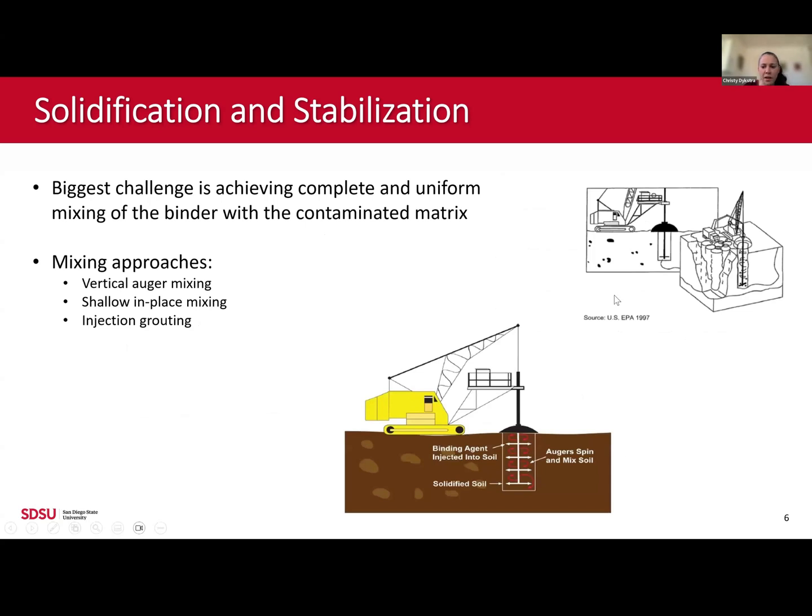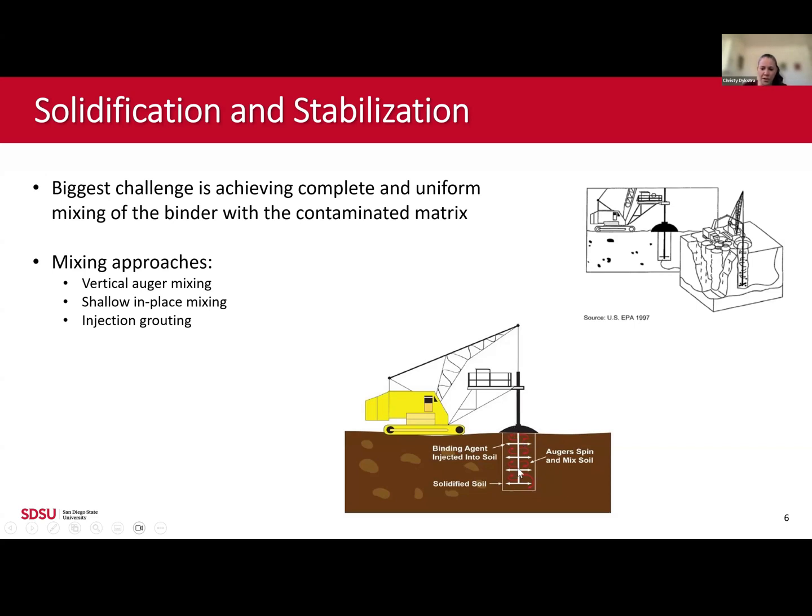So in this, one of the biggest challenges is really trying to get a good mix of the binder and the contaminant in the matrix, right? And by matrix, we usually mean soils or sediments or something like that. So there's a few different mixing approaches, but the most common being something along these lines, using an auger.